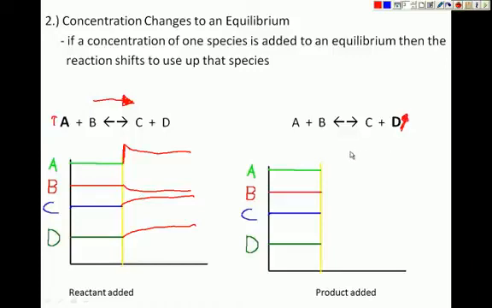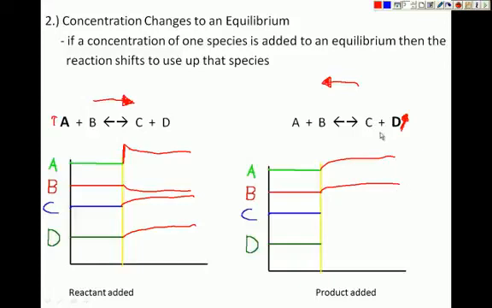and what we see here is that for the reverse reaction, there's a lot higher concentration of C and D, and therefore there's going to be a lot more collisions, and therefore the reverse reaction rate is going to be higher than the forward reaction rate. So overall, the reaction is going to shift towards the reactant side, or the reaction is going to shift left, and A is going to increase, and B is also going to increase.